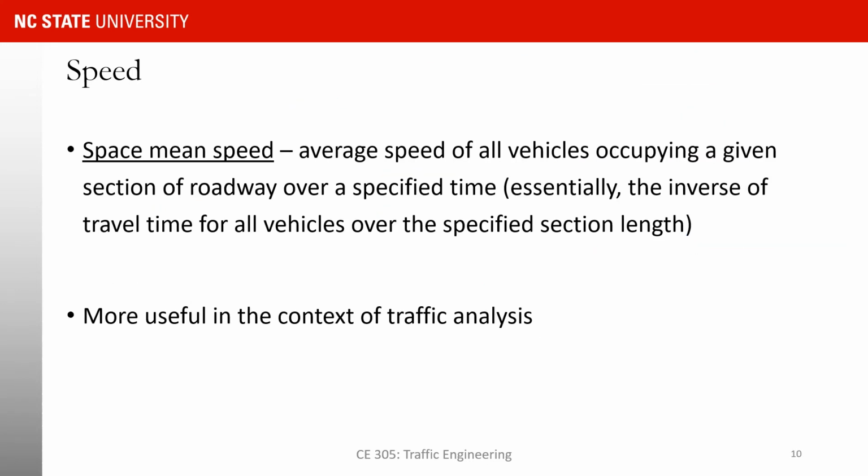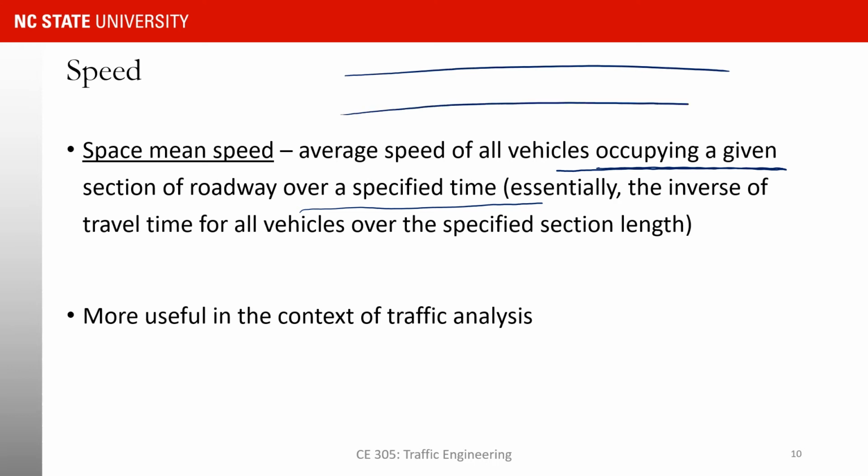How about space mean speed? Space mean speed is the average speed of all vehicles that occupy a given section of a roadway over a specified time. Okay, again, we are looking at this section from this point to this point. So the distance is, for example, L. We know what time a vehicle enters and what time the vehicle exits.